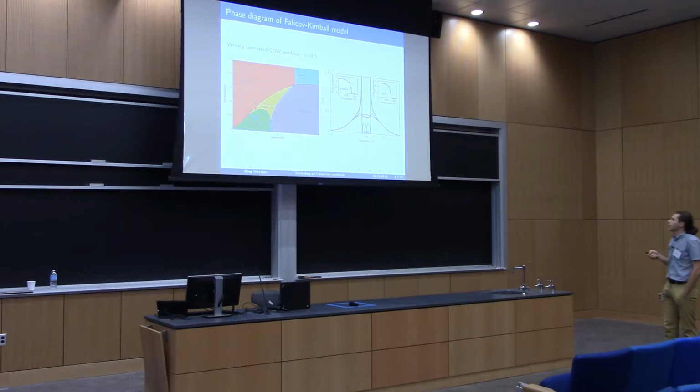Here we present the results for the density of states in equilibrium for the case of the weakly correlated charge density wave insulator. So we are on this line, and these different colors correspond to different temperatures.